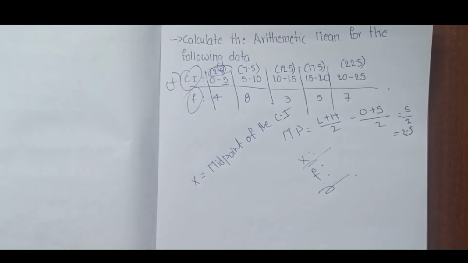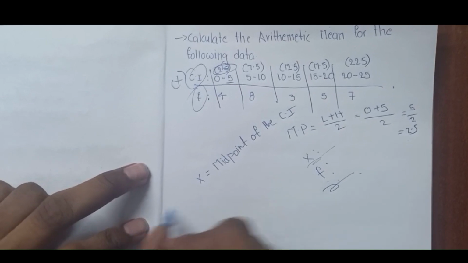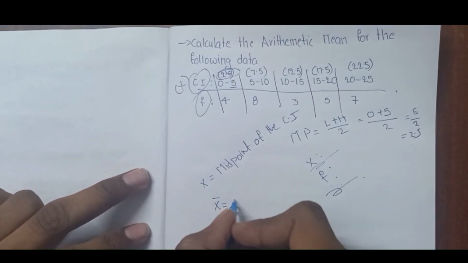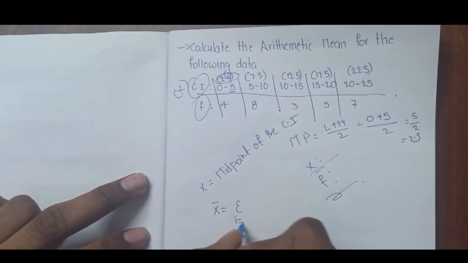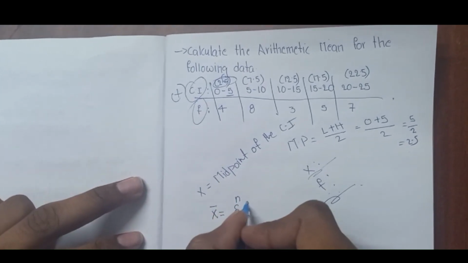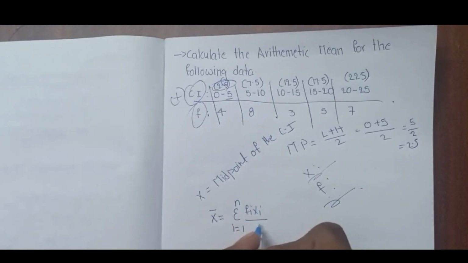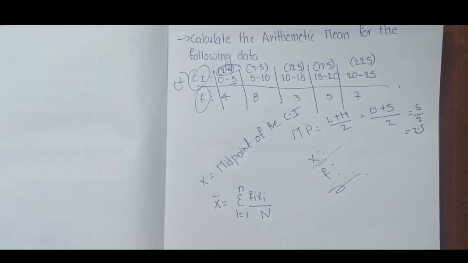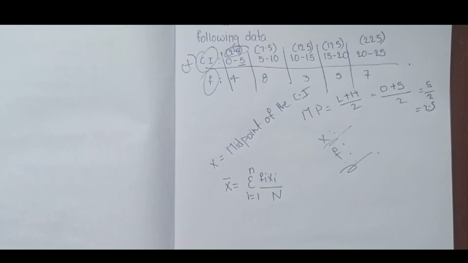Now we will find the arithmetic mean in continuous series. What is the formula? That is x bar equal to summation i equals 1 to n fi xi by capital N. To avoid confusion, we can draw the table.